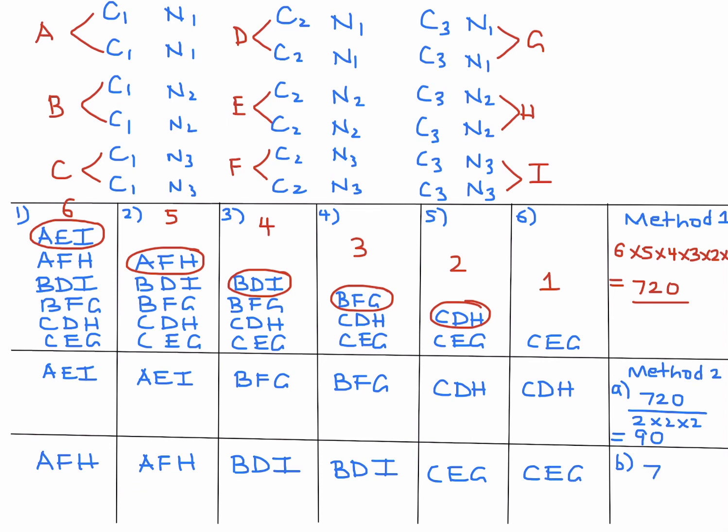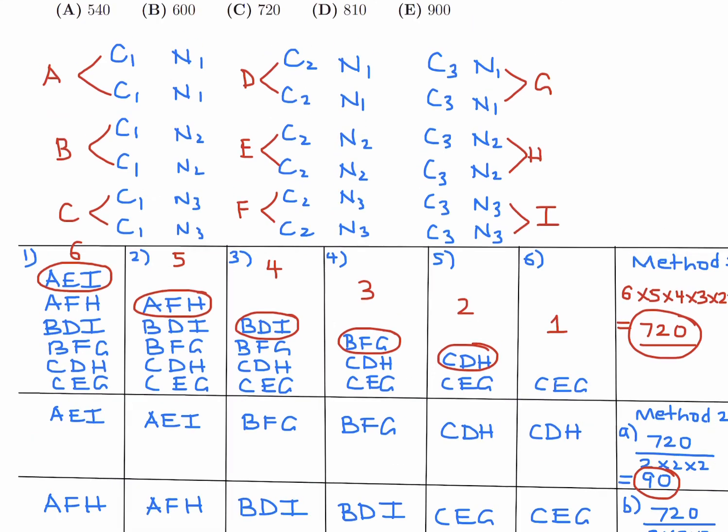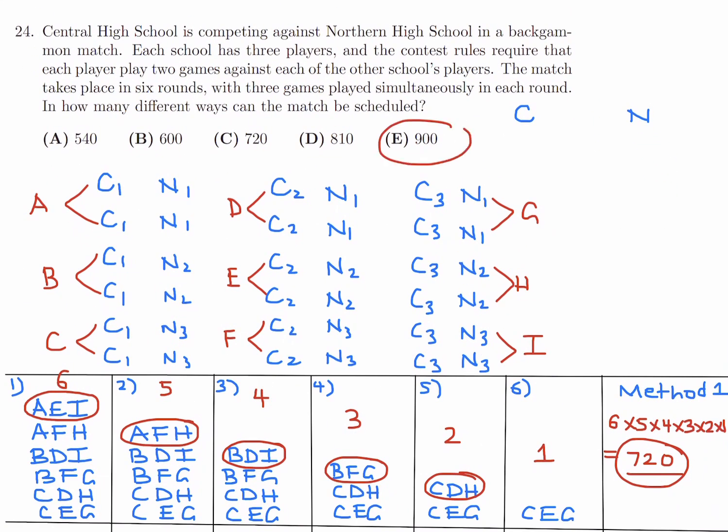And identical to what's above, the number of combinations would again be 720, but then because you have 2 that are the same, 2 that are the same, and 2 that are the same, you have to divide by 2 times 2 times 2 to get unique combinations. And when you do, you get 90. So the total answer to this question is this 720 plus this 90 plus this 90. And when you add that up, you get 900. And therefore, number 24, the answer is E.